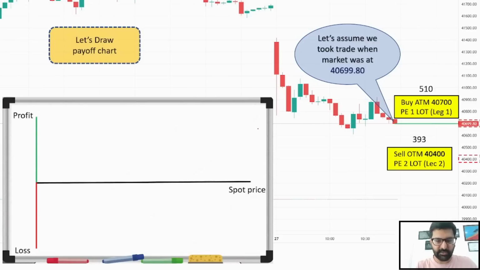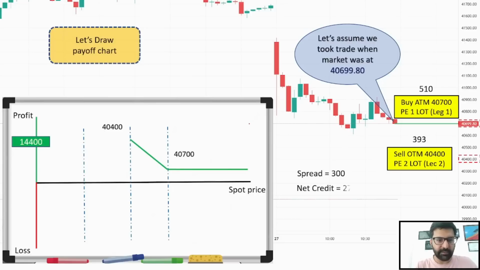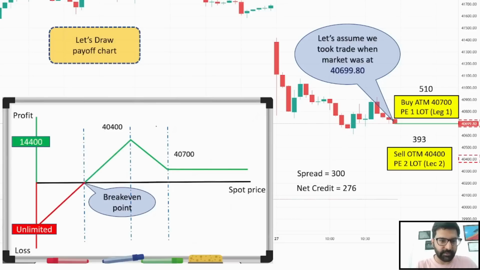Okay. X-axis is your spot price, and y-axis is your profit, and we are plotting this basis the spot price at the expiry. Okay. So the spread is 300 points, and max profit we know is 14,400, which is this point. And if we expire above 40,700, which is above this point, this is the point that we did not discuss.